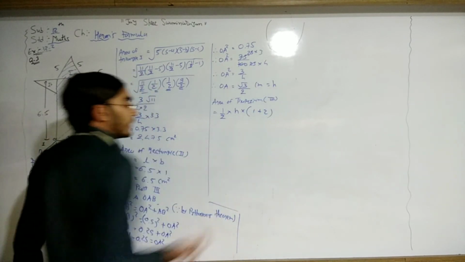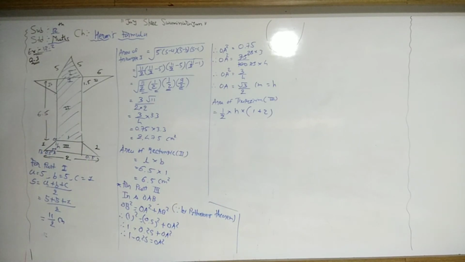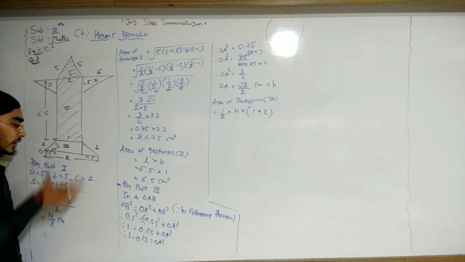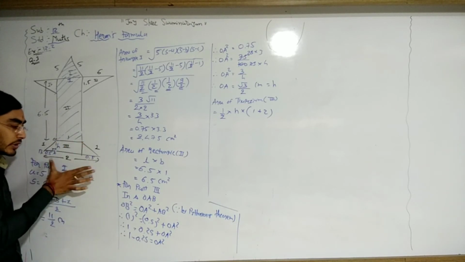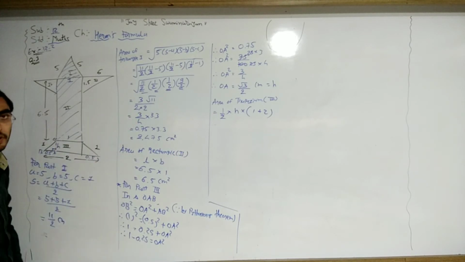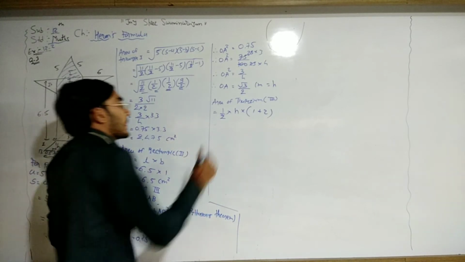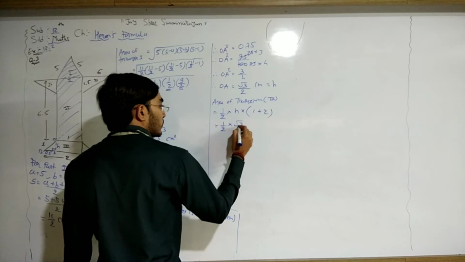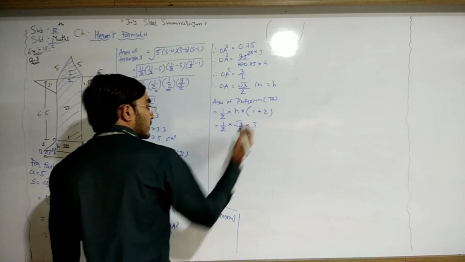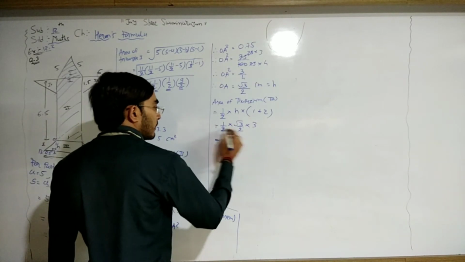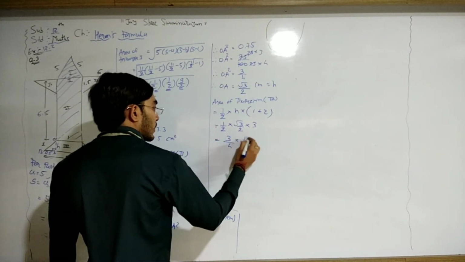What is the formula for the area of a trapezium? Half into height multiplied by the sum of these parallel sides. Here our parallel sides are 2 and 1, so the sum is 2 plus 1. So half into height H, that we get as under root 3 by 2, and 2 plus 1 is 3. So here 3 divided by 4 into under root 3.